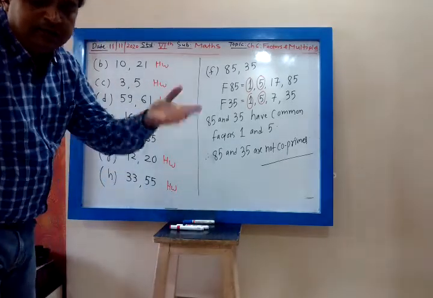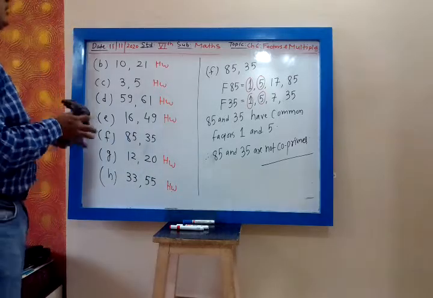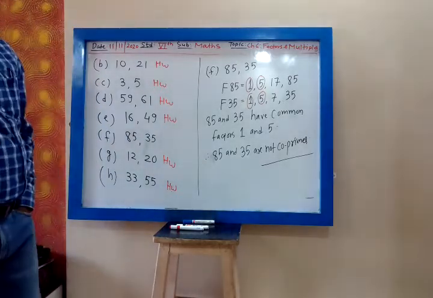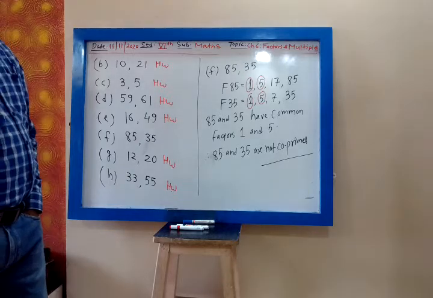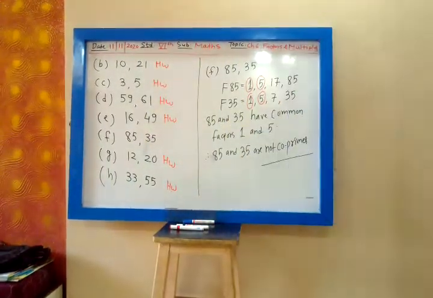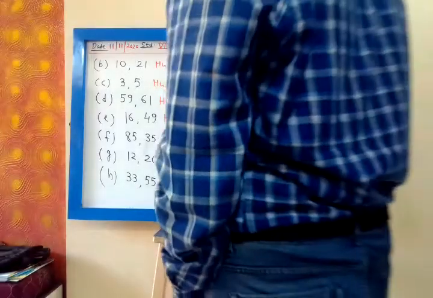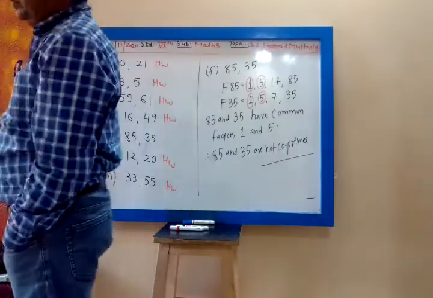But if there are other factors apart from 1, then they are not co-primes.